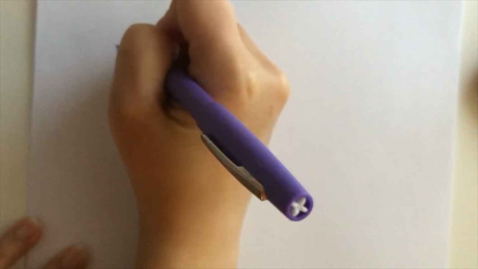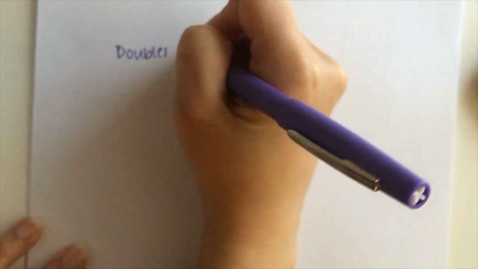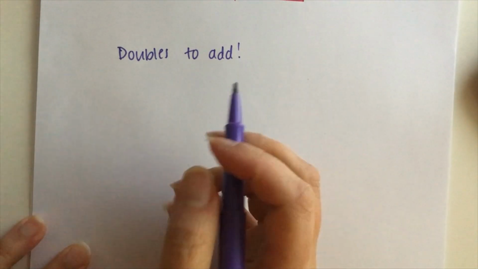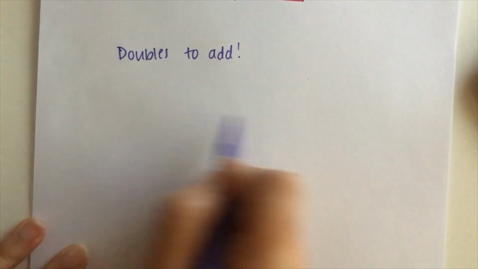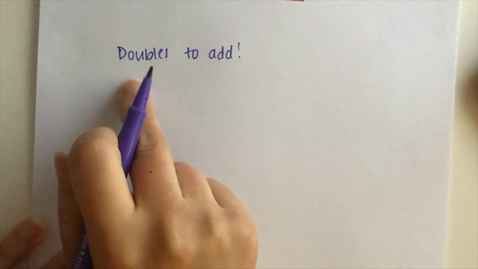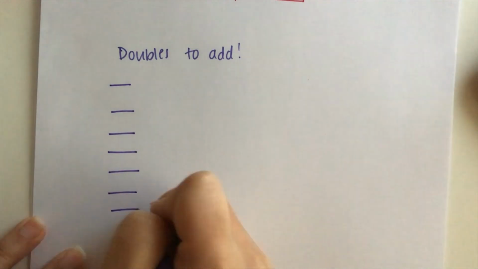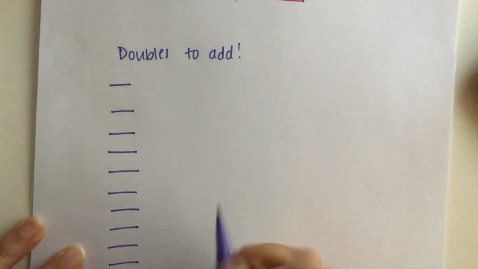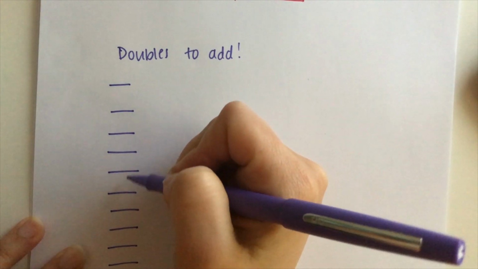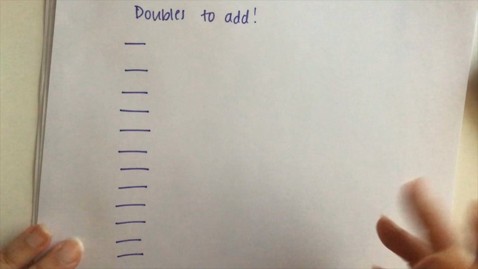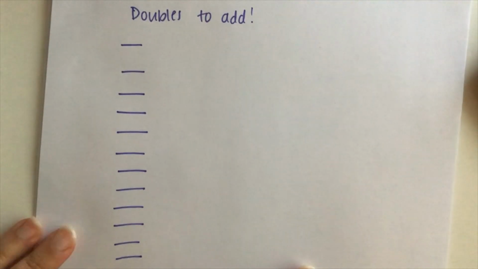Our second method has to do with doubles, which we were doing before. But now we're just going to make it easier. We're going to draw 12 rows. And when we count, 1, 2, 3, 4, 5, 6, 7, 8, 9, 10, 11, 12. I drew small lines because I'm only going to write the number on there.